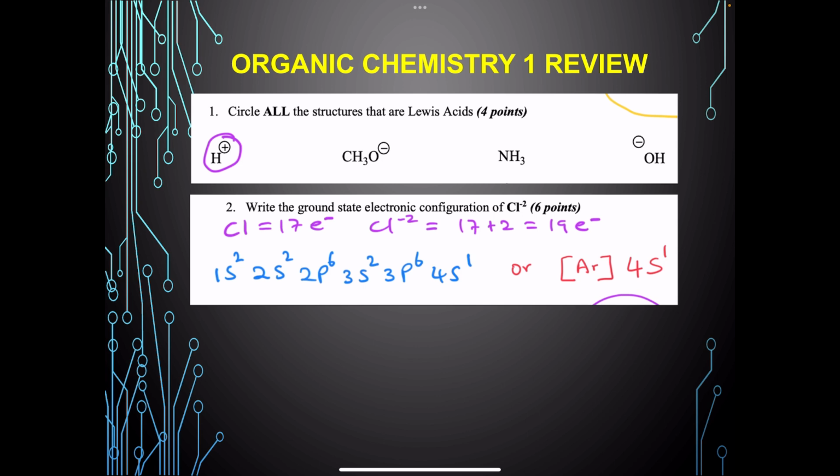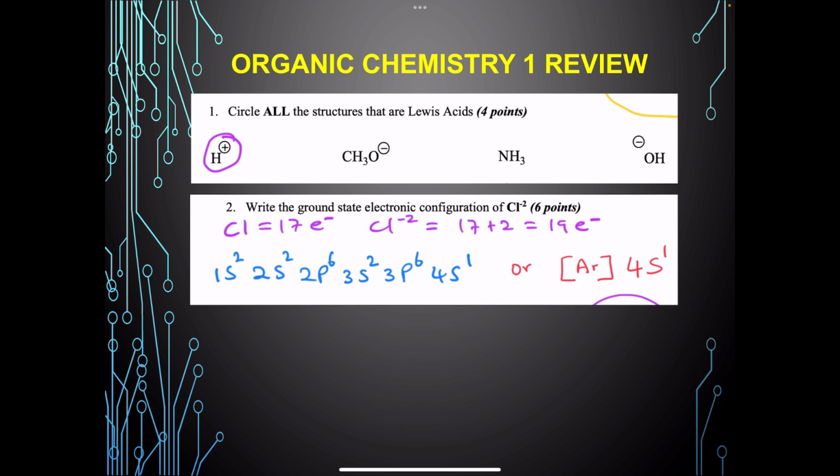So we're going to write the electronic configuration for that, and we start filling the electrons starting from the lowest energy level, which is 1s, with a maximum of 2, so that's 1s2. Then we move to the next level, 2s2, that's the lowest energy, and then the next one is the p level, 2p, and remember we have px, py, and pz.